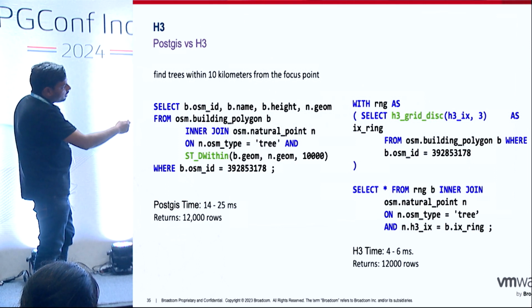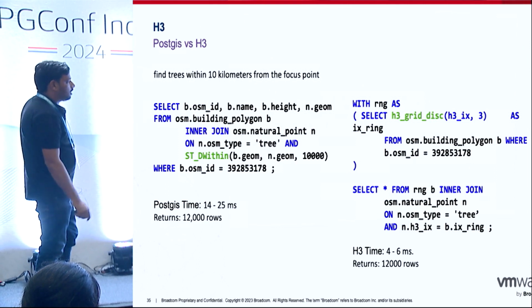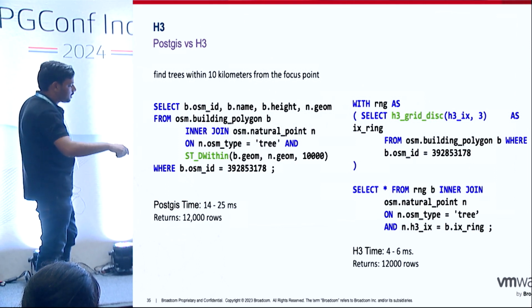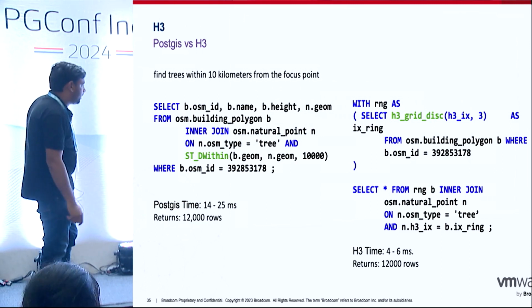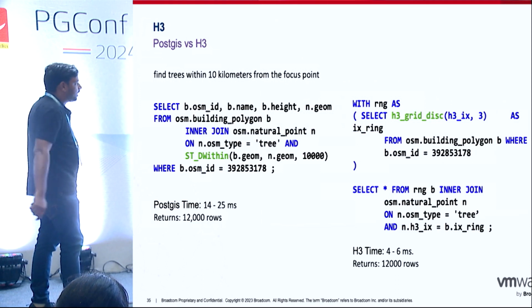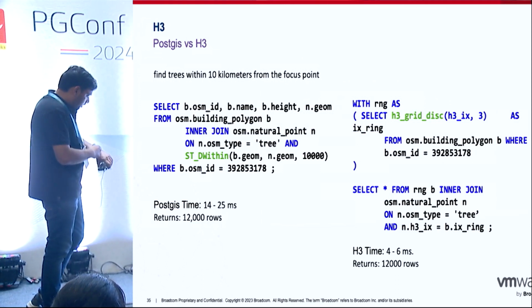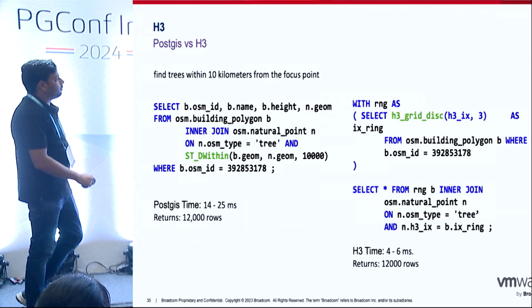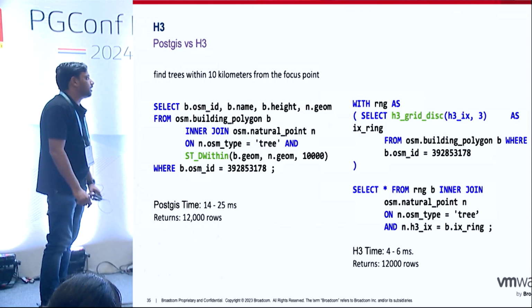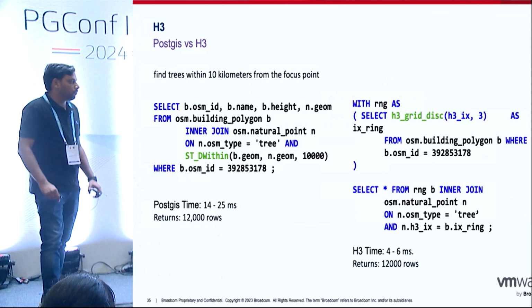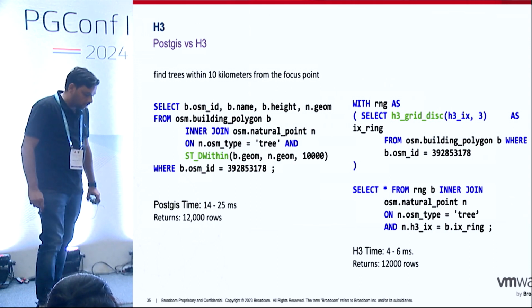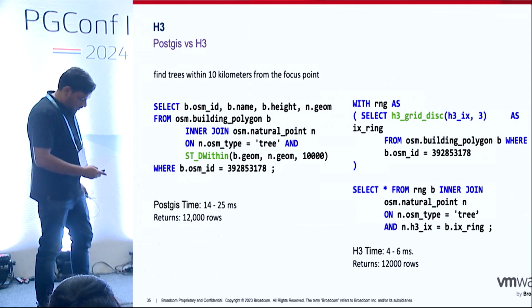So finding the nearest neighbor, or the approximate area within the perimeter, is faster with the S3 indexes. It was returning around 12,000 rows. So S3 is very useful when you are running nearest neighbor queries, or finding the nearest point from locations.